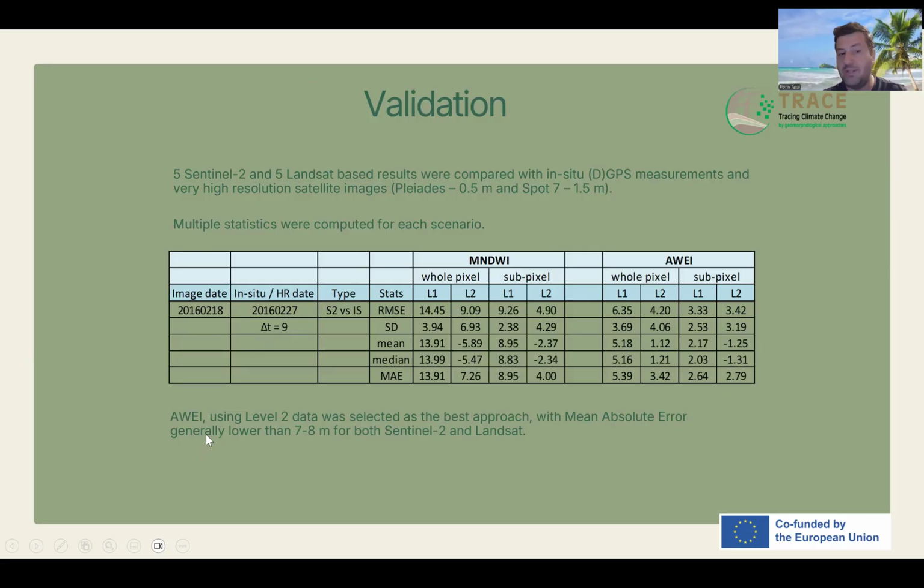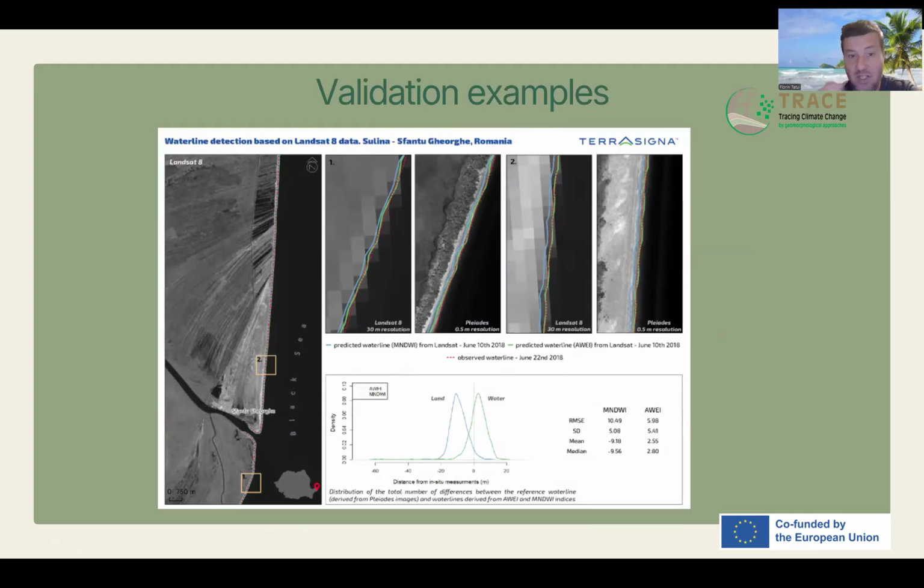So the main conclusion was that this automatic water extraction index using level 2 data, so processed data, was the best approach with mean absolute errors lower than 7 to 8 meters, both from Landsat and Sentinel-2 images.